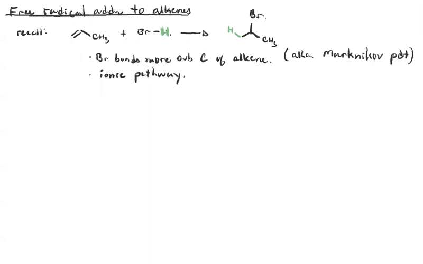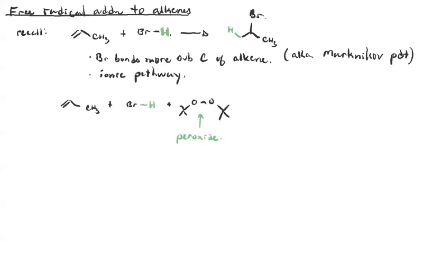So it turns out that if one takes the same reagents, if we take propene plus HBr, and now we're going to add a peroxide, which is this species here, which has an OO bond, now the reaction pathway is different.